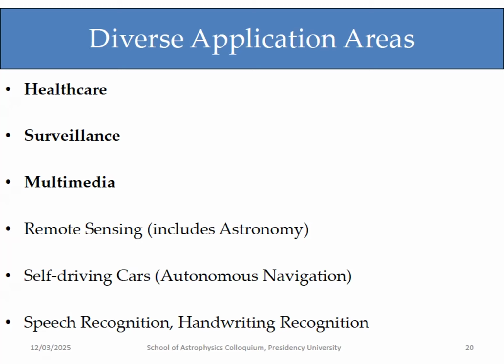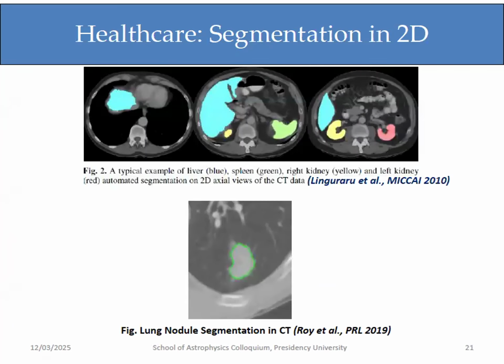Then there are issues like autonomous navigation, where computer vision is very famous, like self-driving cars. If you extend pattern recognition, it could be speech signals, so you do speech recognition and handwriting recognition. So there are lots of interesting application areas in which computer vision and pattern recognition can be applied.